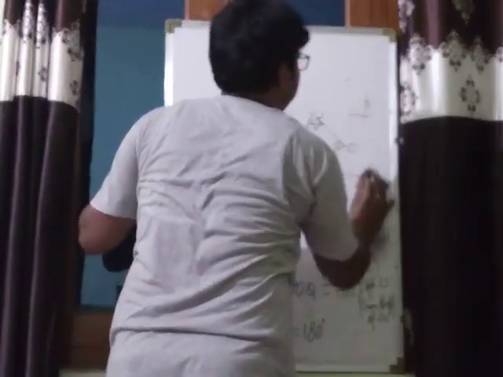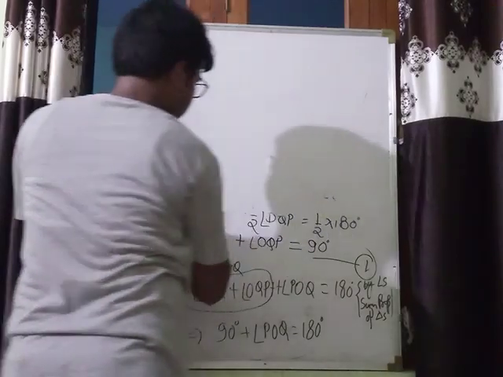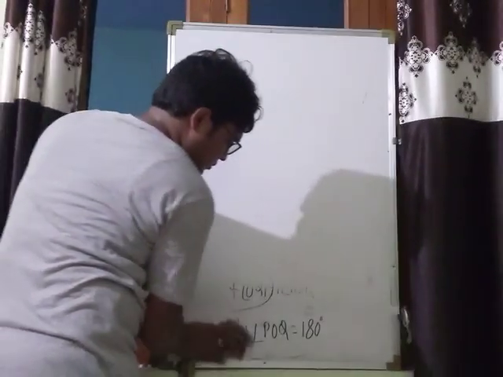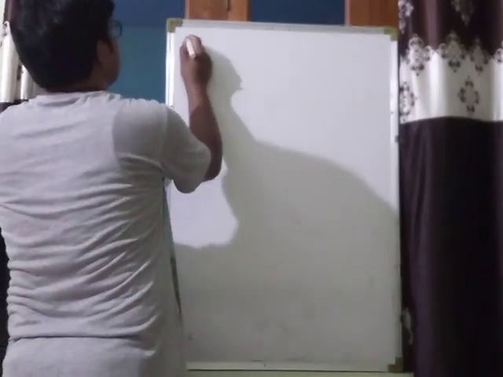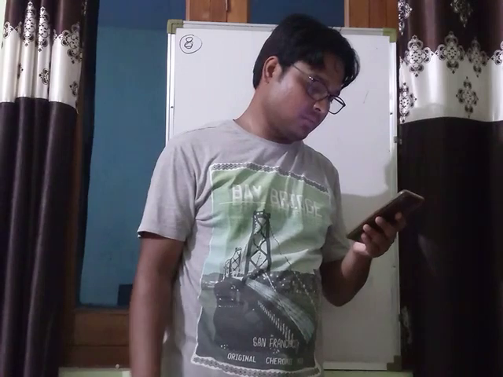Question number 8 is, two lines are intersected by a transversal such that the bisectors of pairs of corresponding angles are equal.